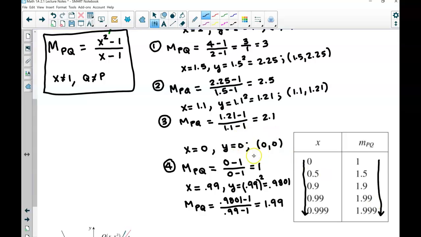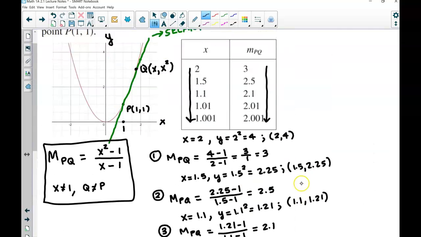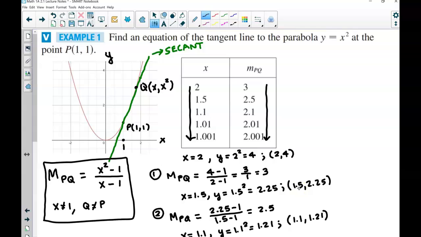So what that means is that we want to be able to find a line. Now, hopefully my line shows it a little bit better, but we want to make sure that it touches the graph once. Now remember, when it touches the graph once, that's going to tell us that it's tangent to the graph.